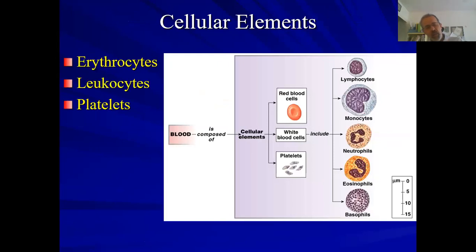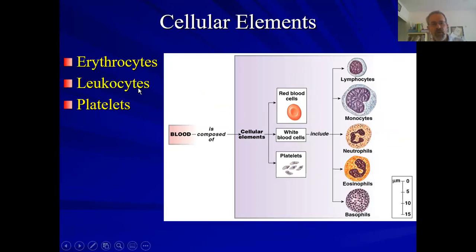All right, so that's all I want to say about plasma for now. I want to really zero in on the cellular elements. Why don't we just call them cells? Well, because we do have some cell fragments that play a very important role. So they're not true cells, but they are fragments. Those, in fact, are platelets. All right, so the cellular elements consist of erythrocytes, which are the red blood cells, which make up about 99% of the packed cell volume.